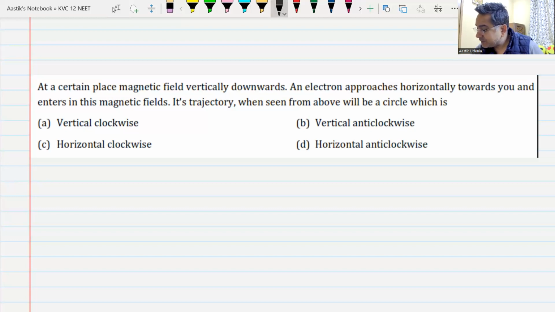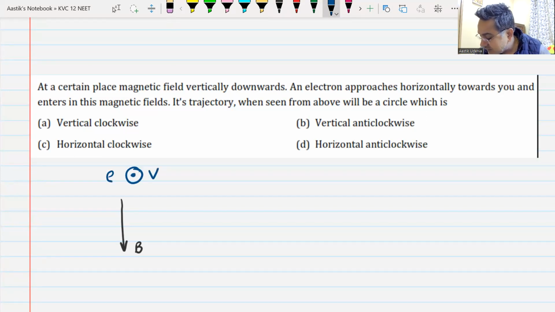Magnetic field is vertically downwards. So let me call this magnetic field vertically downwards. Electron is coming towards you like this. So the velocity of the electron is like this. Remember, it is an electron. Now you have to tell me how it is going to move in the circle. You have 2 minutes to give me the answer.